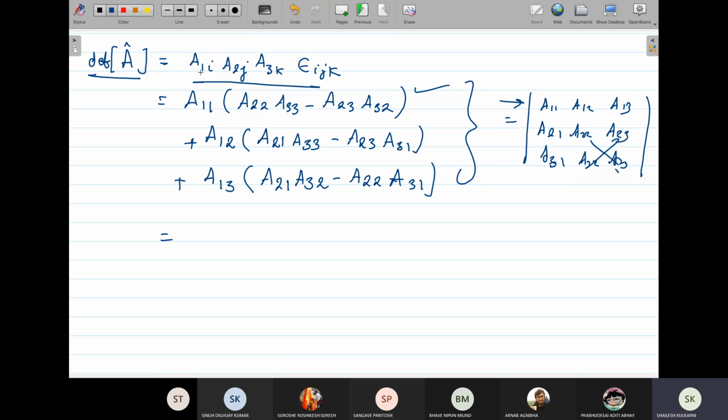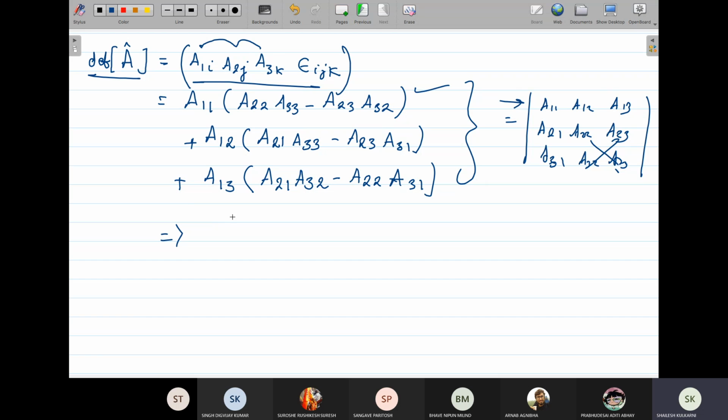If I had put 2, 1, 3, then I will get the expansion of the determinant in another row, and so on. I will be calculating the determinant at the end. So expressions like this will give us the determinant of the matrix formed by these objects.